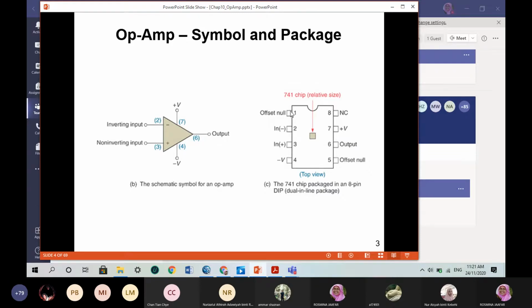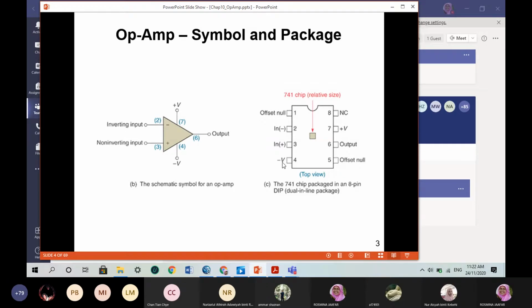On the left side you have legs labeled 1, 2, 3, 4, and on the right, leg 5 from the bottom, then 6, 7, 8 upwards. Each leg represents a specific connection. For example, leg number 1 is for offset null, and the inverting and non-inverting inputs are legs 2 and 3.